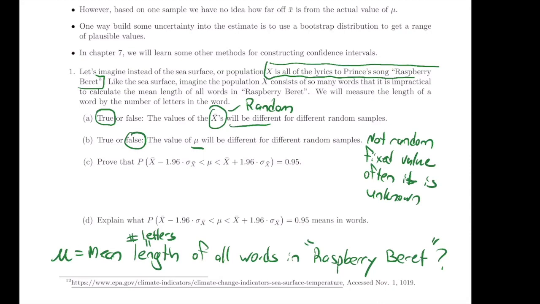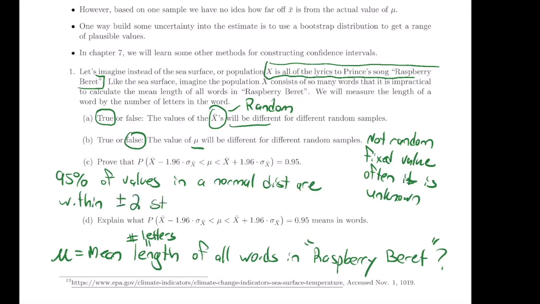And then, so this was worked through in the video, so I won't do it again here. But this is using really this fact that 95% of values in a normal distribution, right?